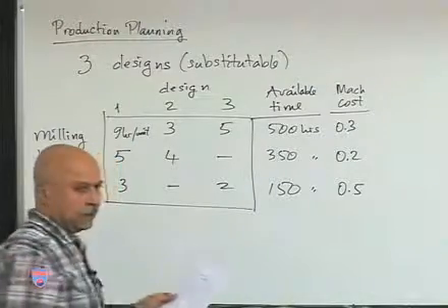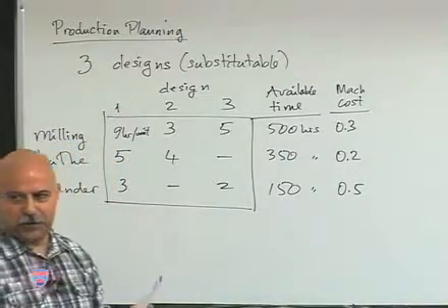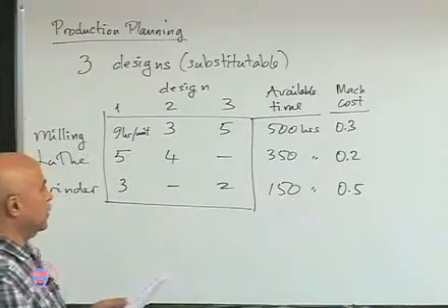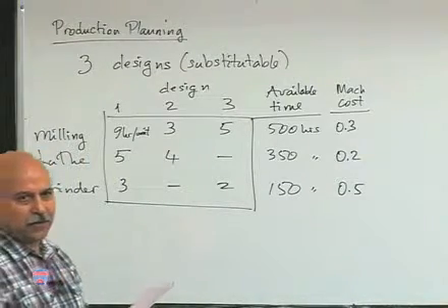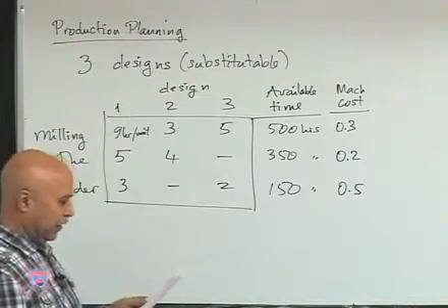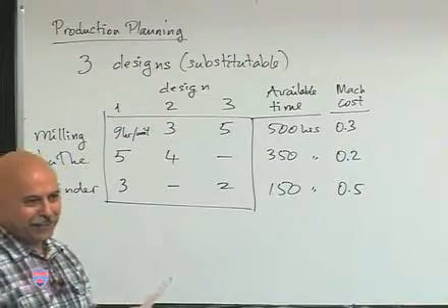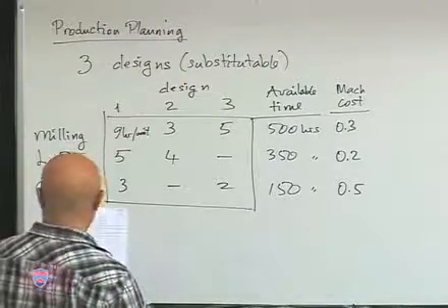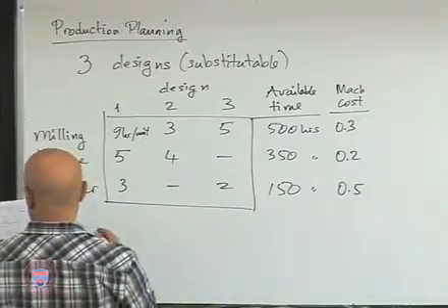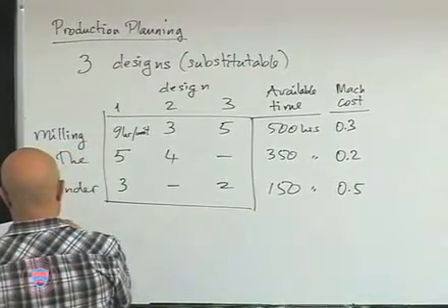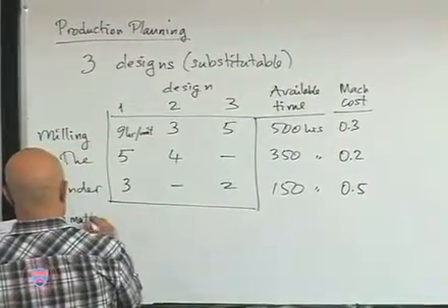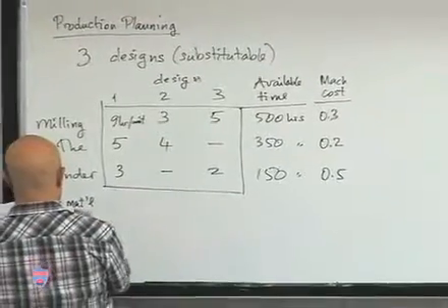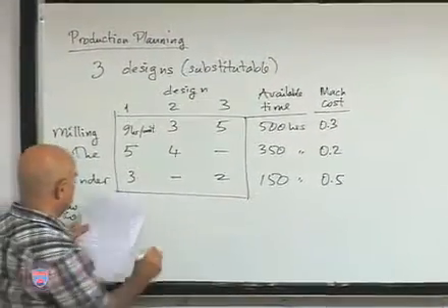This is actually liras per hour. I forgot to write it down in my notes, but I think they should be Turkish liras per hour. Let's just take it that way. And if it doesn't come out right, then I'll correct it, okay? All right. The raw material cost for different designs is also a given.